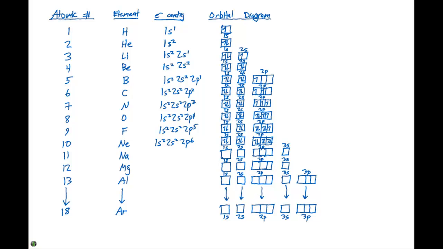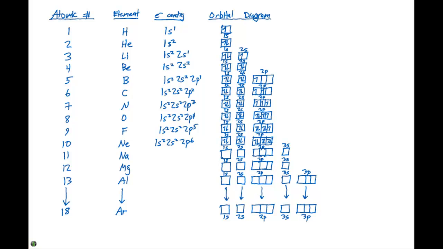And notice when we fill up that p orbital, each of the individual p orbitals, the px, the py, and the pz, each contain 2 electrons for a total of 6 in that p orbital. Okay? And once we fill up those orbitals, every time we add an extra electron, it will go into the orbital of the next highest energy.